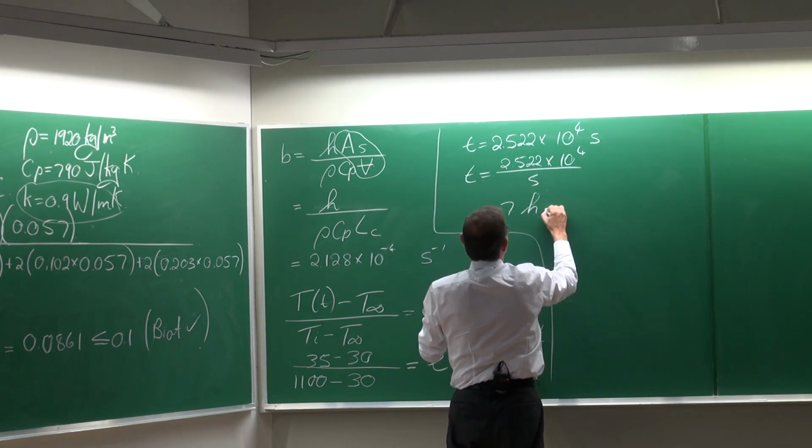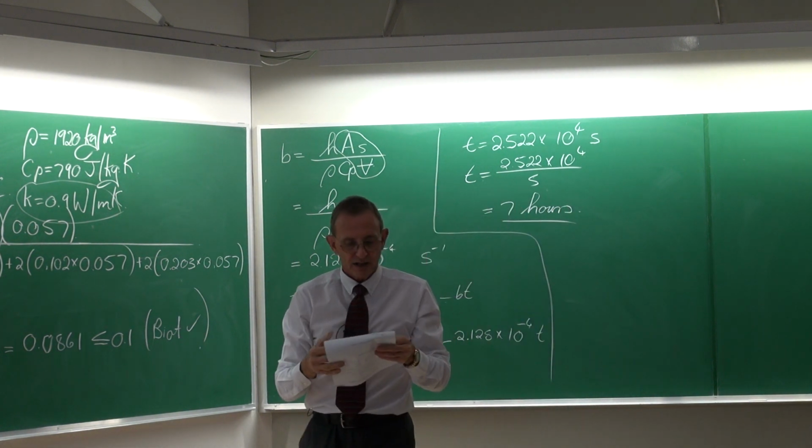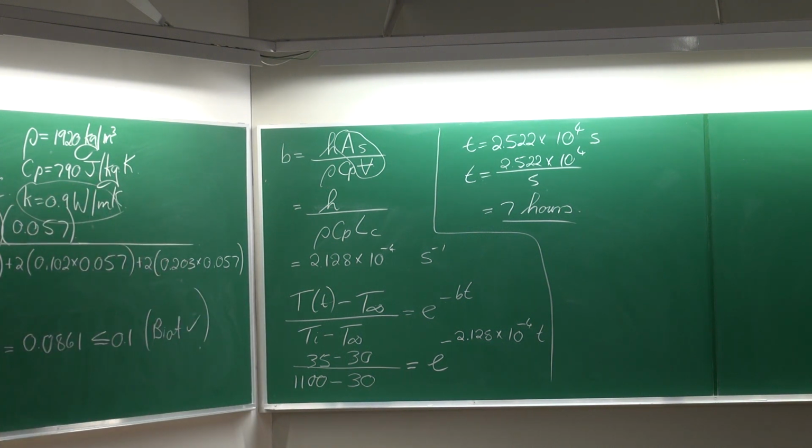It will be about 7 hours. So 7 hours for the temperature to drop from 1100 to 35 degrees Celsius.